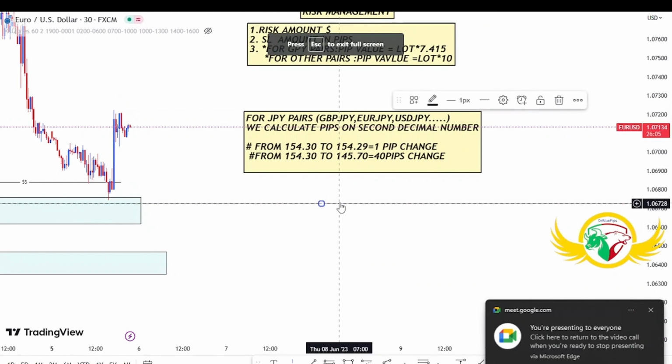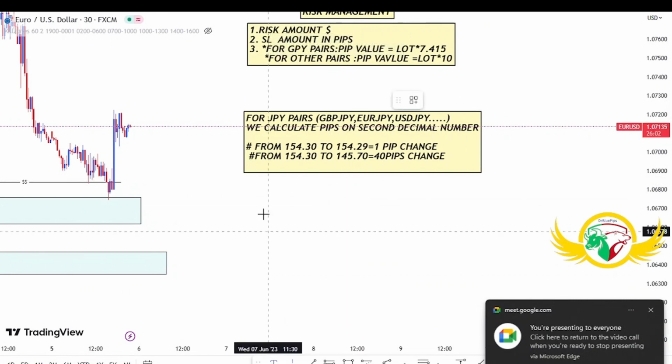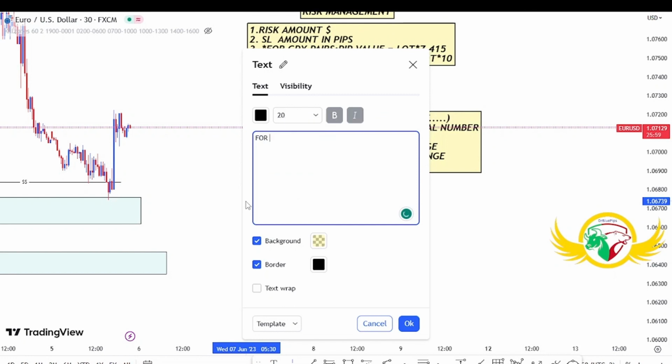So for other pairs, if I say other pairs, it means pairs which don't include JPY. Let me say Euro USD, GBP USD, GBP CHF, and many more, you know.